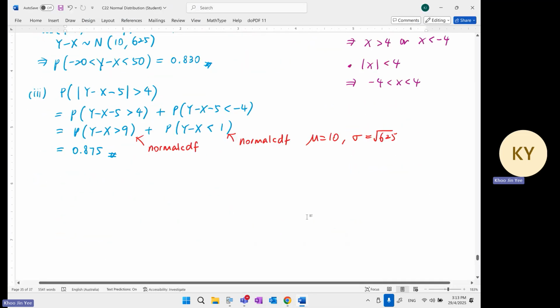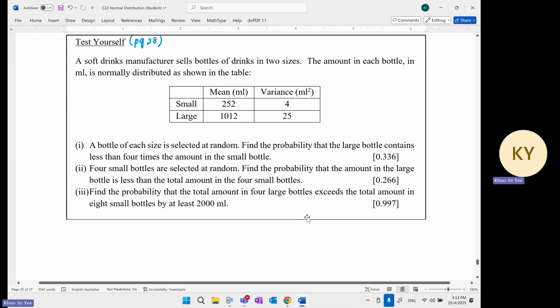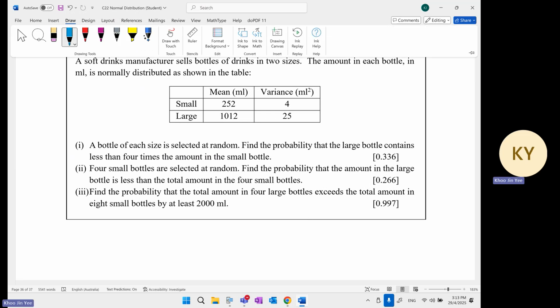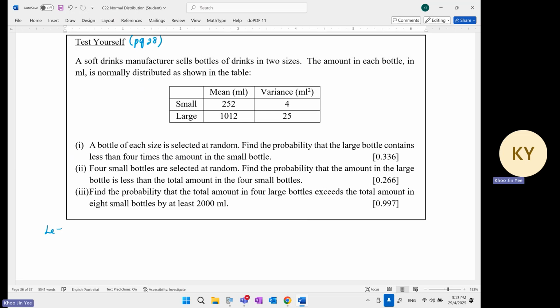Right, so back to this one over here. Let's go to page 28. Last one already. So, soft drinks manufacturer and so on. Let's declare: if you read carefully, you can let x and y be the amount of soft drink in small and large bottle respectively, in milliliter.